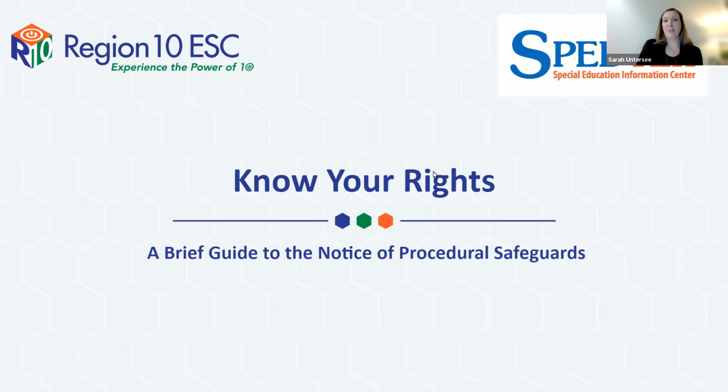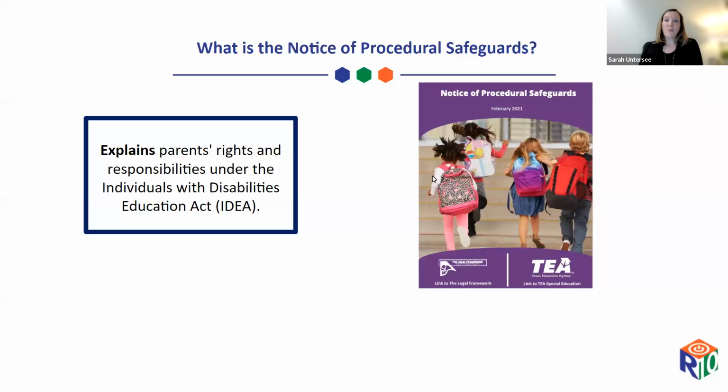As a parent of a student with a disability, it's important to understand your rights and your responsibilities. Although all parents receive a copy of the procedural safeguards, we know that very few are actually taking the time to read it. So during today's webinar, we're going to go through the Notice of Procedural Safeguards that explains the parents' rights and responsibilities under the Individuals with Disabilities Education Act, or IDEA.